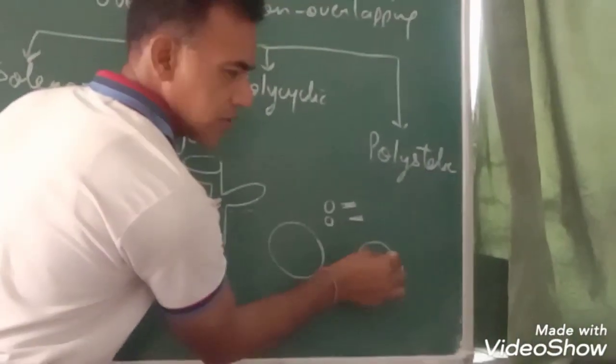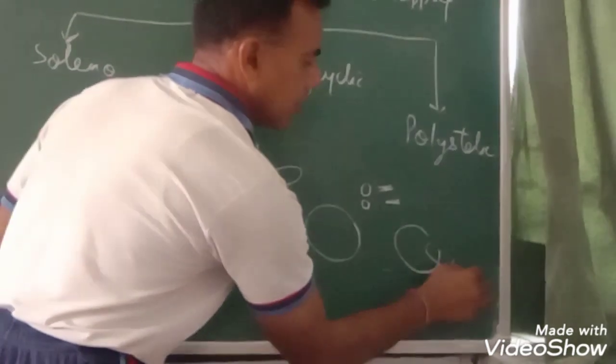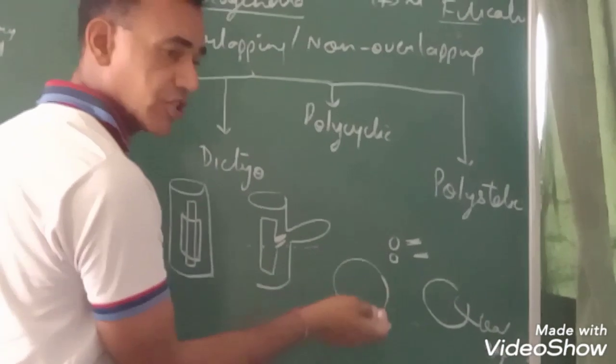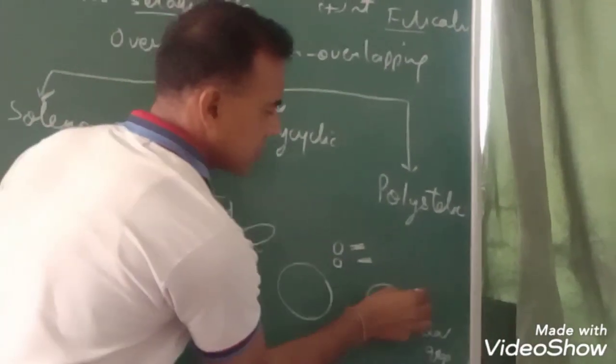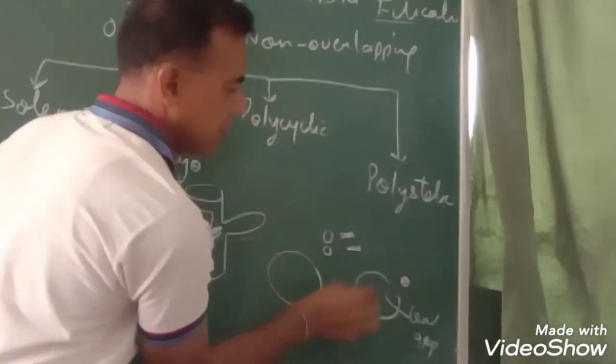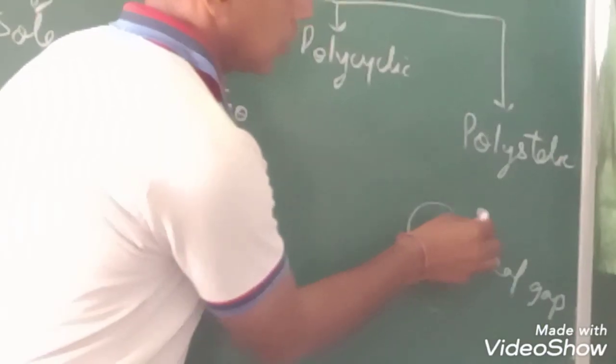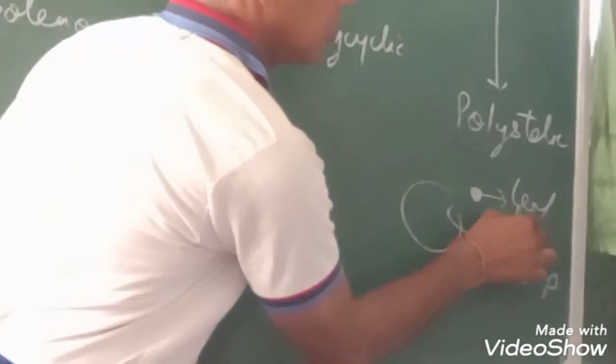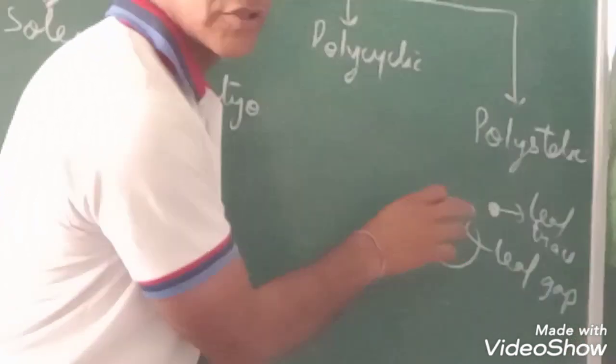Now this empty space will be called leaf gap or branch gap, and this trace is known as leaf trace or branch trace.